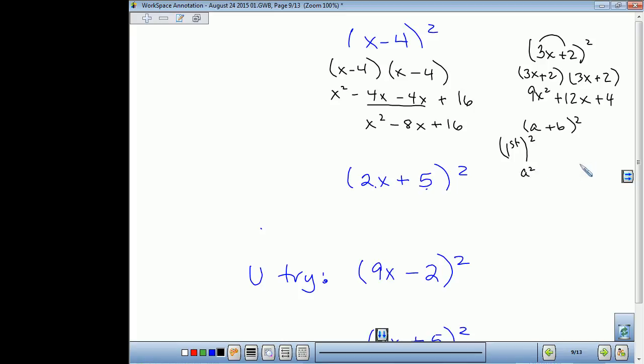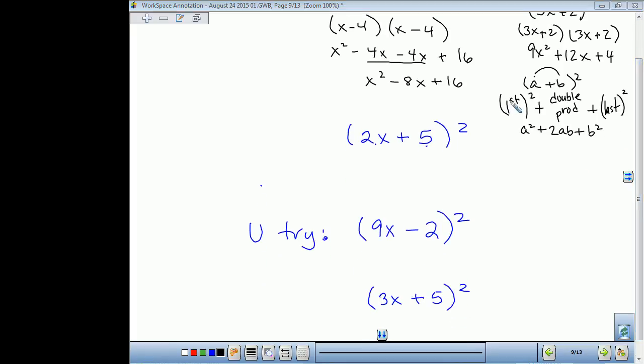So in this case, it would be a squared. You're going to double the product of the two terms. So a times b, I'm going to double it, so it'd be 2ab. And we square the last term, which in this case would be b squared. So you square the first one, you double the product of the two, and then you square the last one.